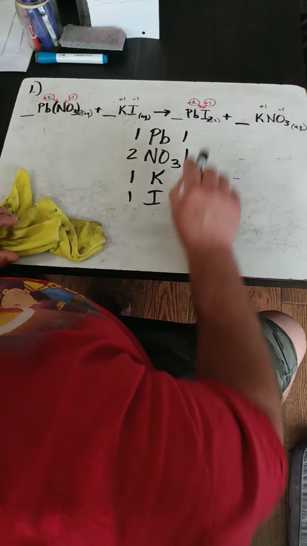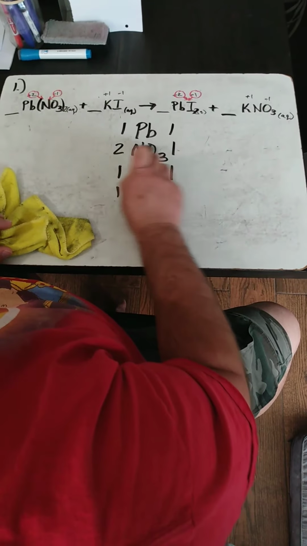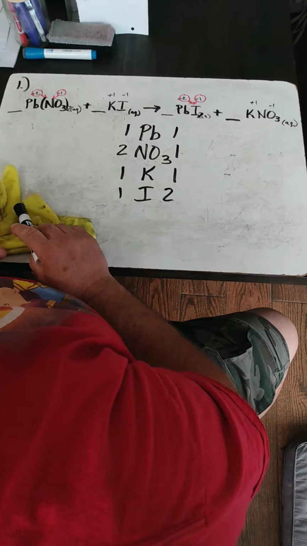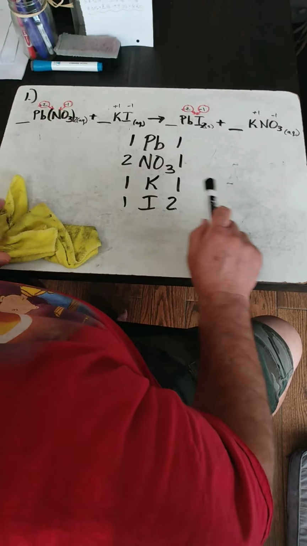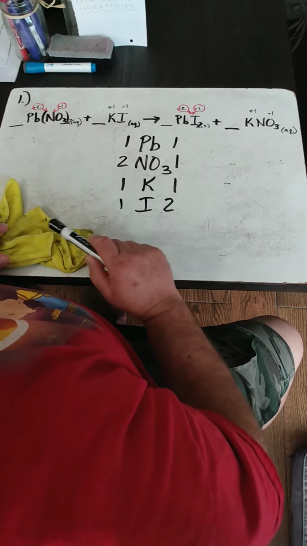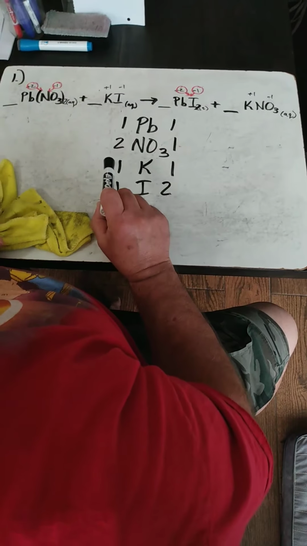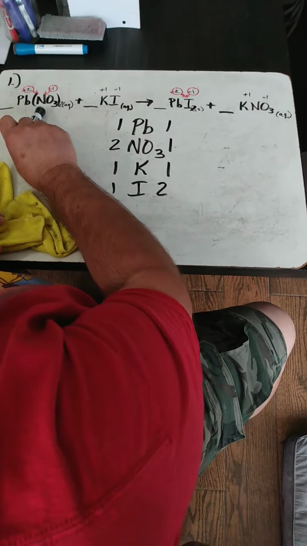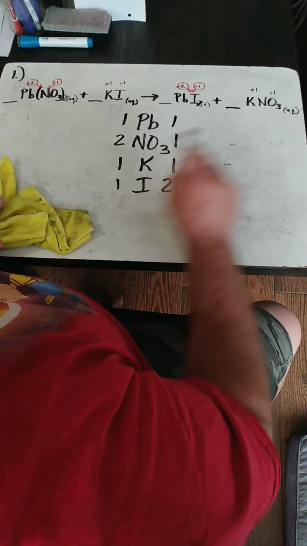Okay, so if I take a look here at my balanced equation, I see my iodide is definitely off, my nitrate is off. So we need to sort of attack those where there's 2s, all right? So if I have a 2 here for nitrate, let's go ahead and get 2 nitrates for this side.